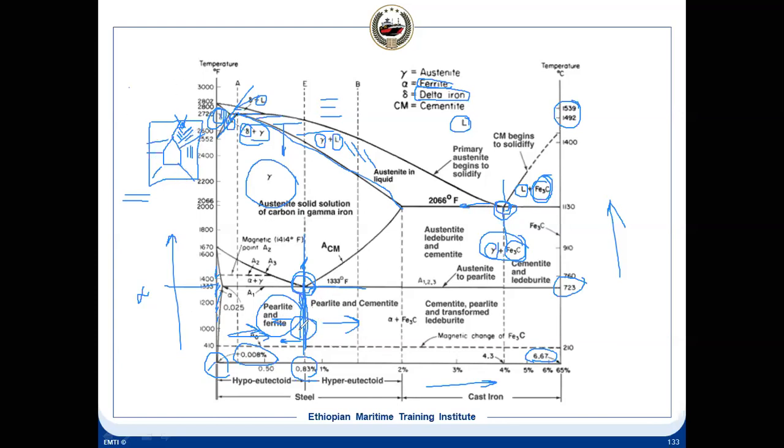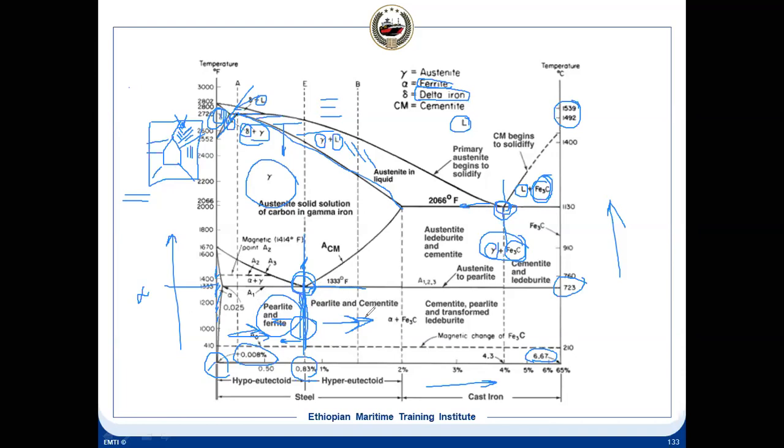That is the pearlite. Now suppose we move in this direction, what will happen? It means in this direction the carbon percentage is increasing. So at this point, the ferrite separately will not exist. It means all will become pearlite. And after that, there will not be any ferrite. What will we have?